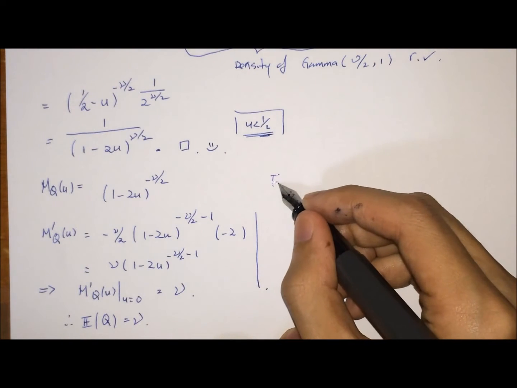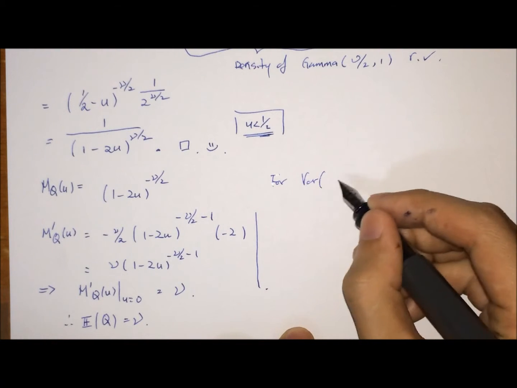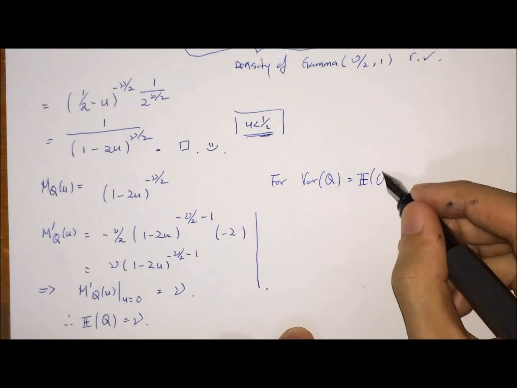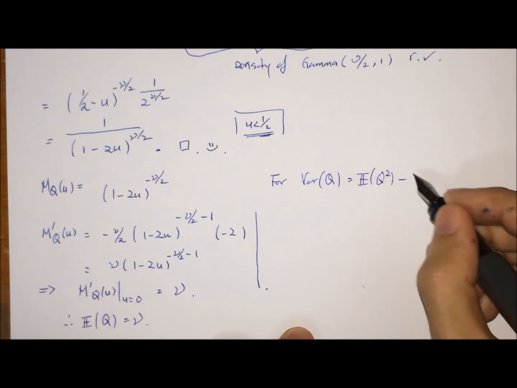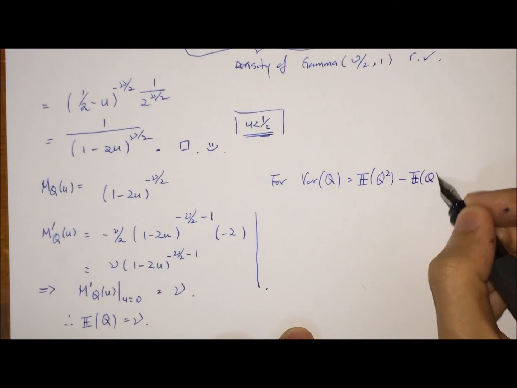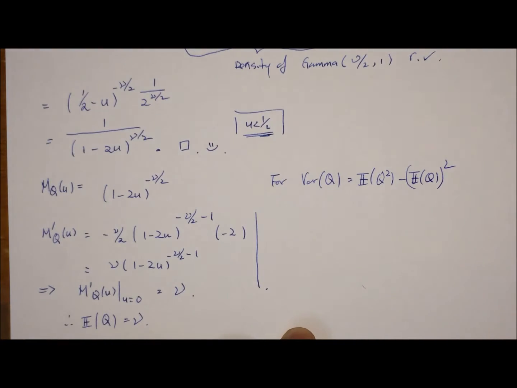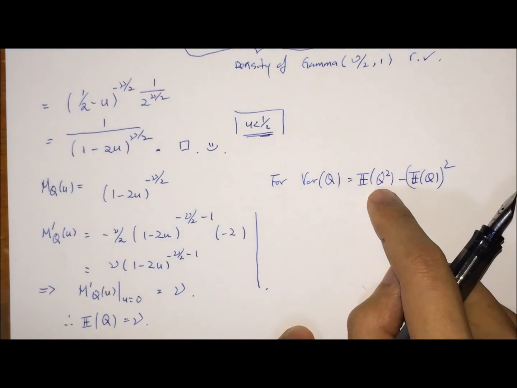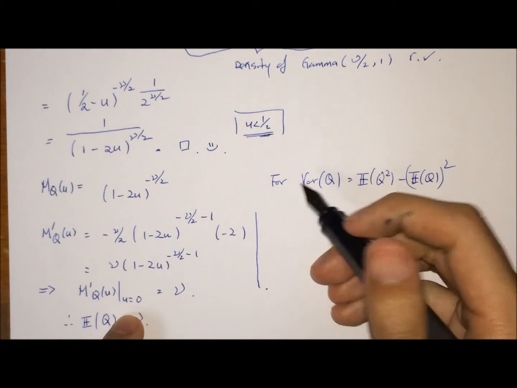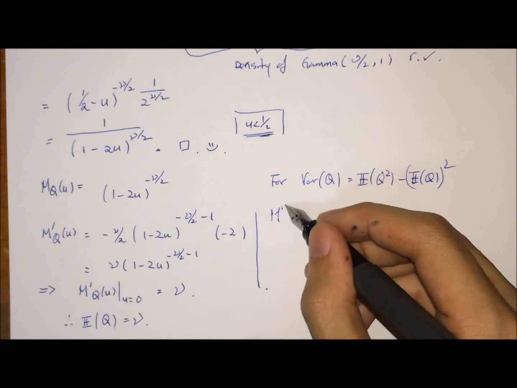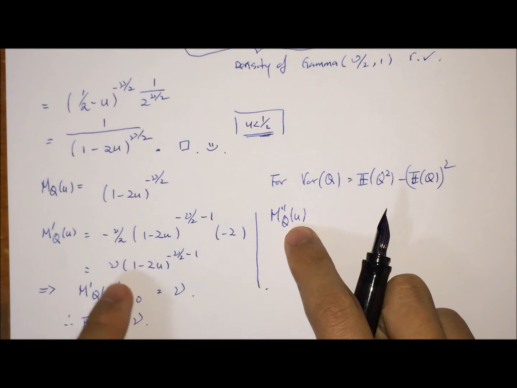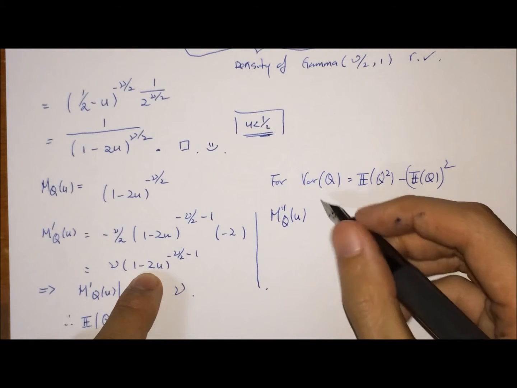For the variance of Q, of course, this is equal to the expectation of Q squared minus the expectation of Q all squared. Right, we already worked that out, so we just have to work out the second moment. To compute the second moment, you need to compute the second derivative of the MGF. So this is the first derivative. So we compute the second derivative.